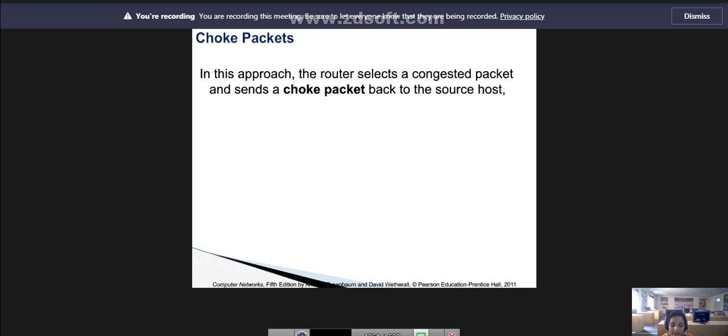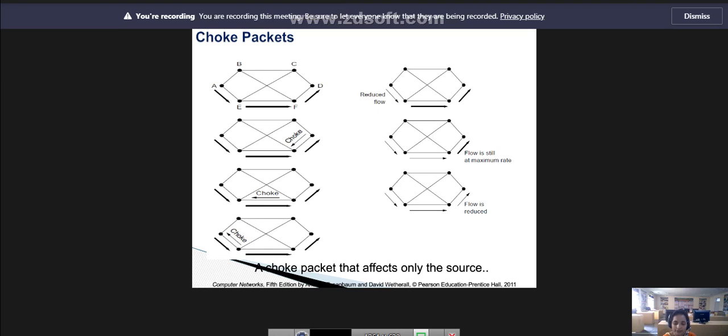The original packet may be tagged so that it will not generate many more choke packets further along the path, and is then forwarded in the usual way. To avoid increasing load on the network during congestion, the router may only send choke packets at a low rate. So this is the diagram of choke packets.